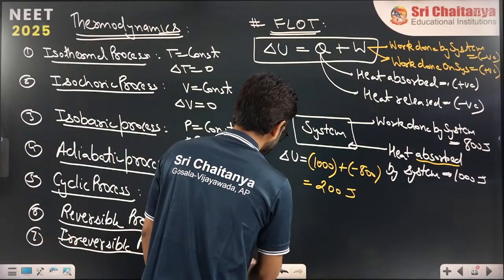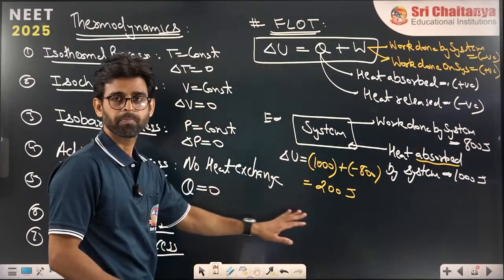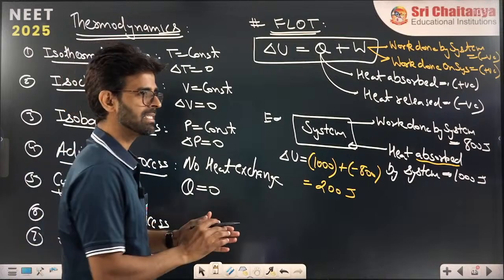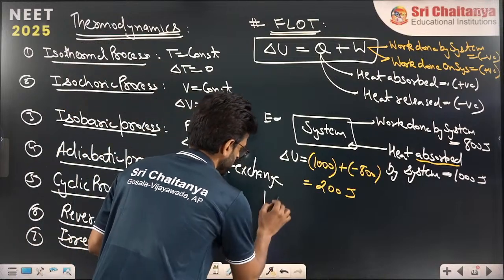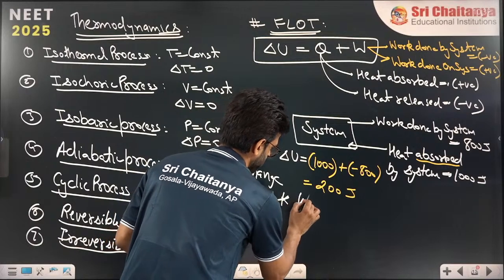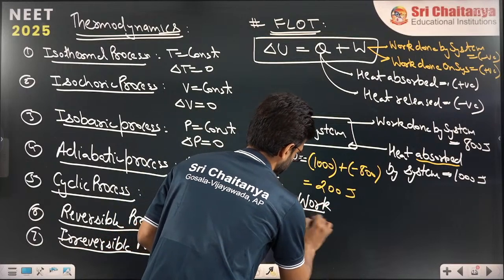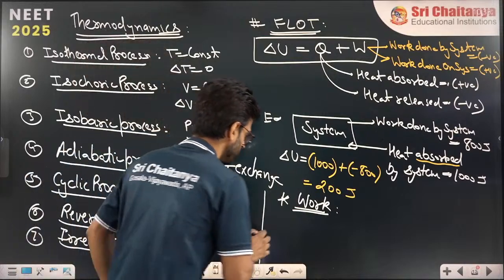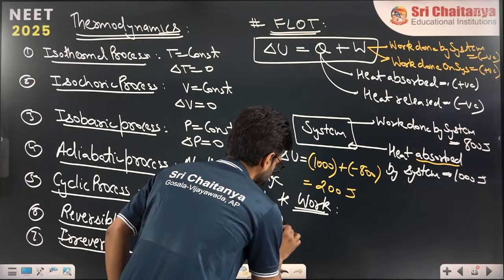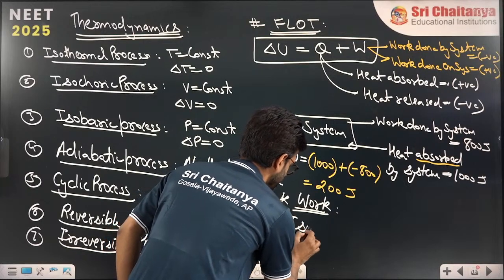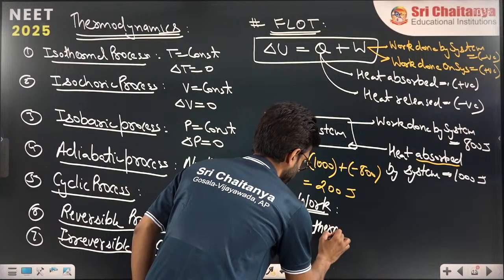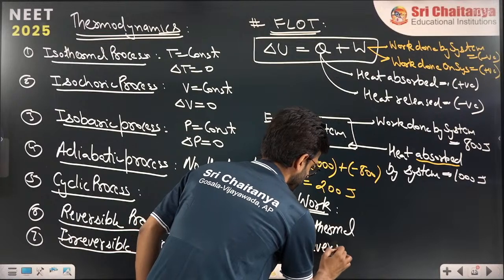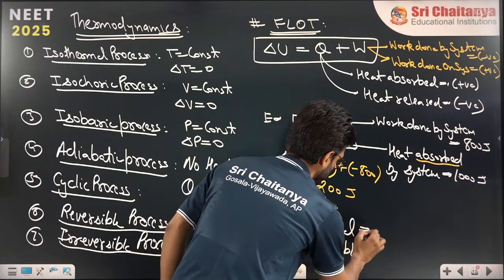Now, here the work was simply given in this question, but sometimes we have to find the work. In such cases, look carefully, two formulas of work are very, very important. First is isothermal irreversible. How will you find the work?